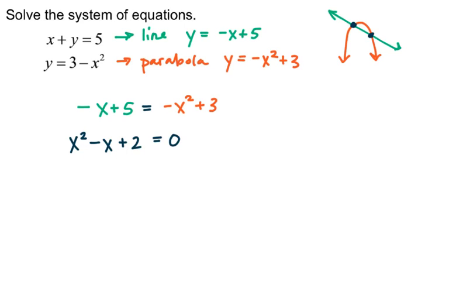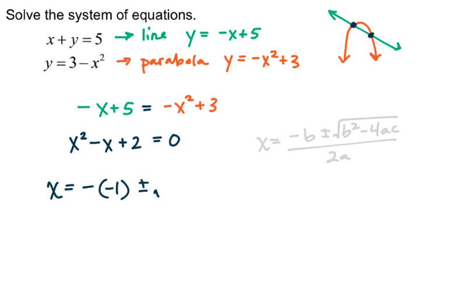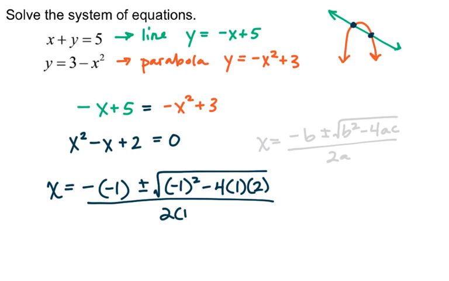And the answer is no. That means we have a quadratic equation which is not factorable, and we're going to need to use the quadratic formula. So I have x equals negative negative 1 plus or minus the square root of negative 1 squared, minus 4ac, so 4 times 1 times 2, all over 2a, 2 times 1.